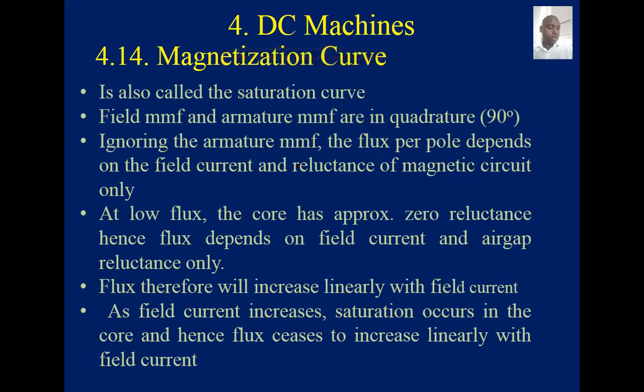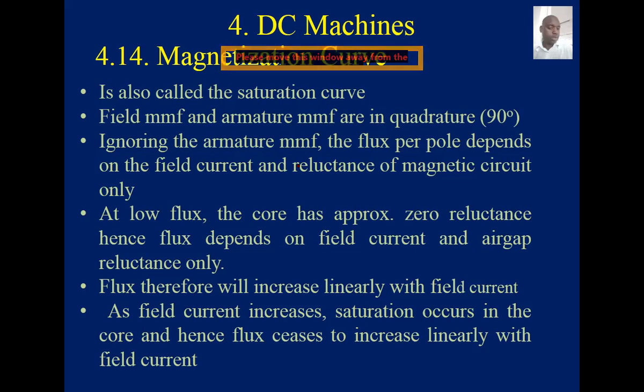So this is also called the saturation curve. Field MMF and armature MMF are at 90 degrees to each other, that is, quadrature. That means you can actually ignore the armature MMF for a pole, and that means the pole flux would depend basically on the field current and the reluctance of the magnetic circuit.